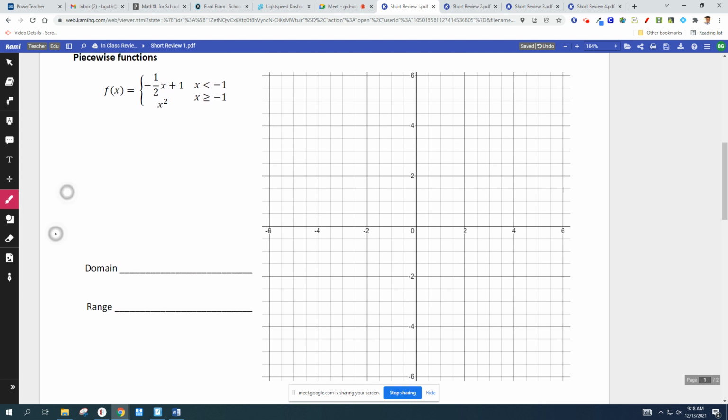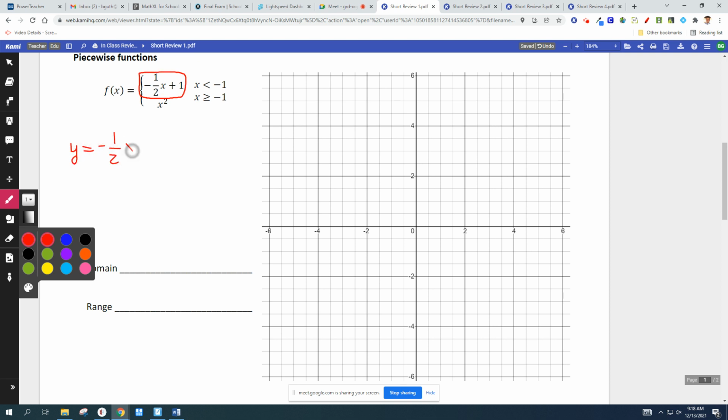Piecewise functions. I know students are kind of confused about this, but you've got to read this in two parts. First of all, you've got this equation, but you only want to look at that when x is less than -1.